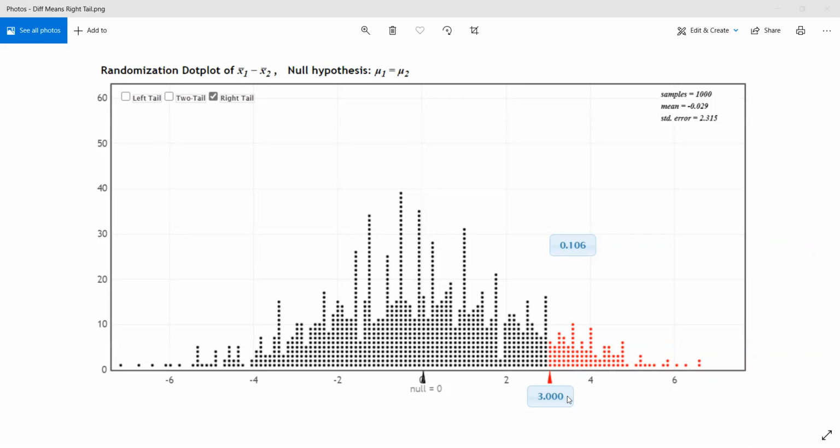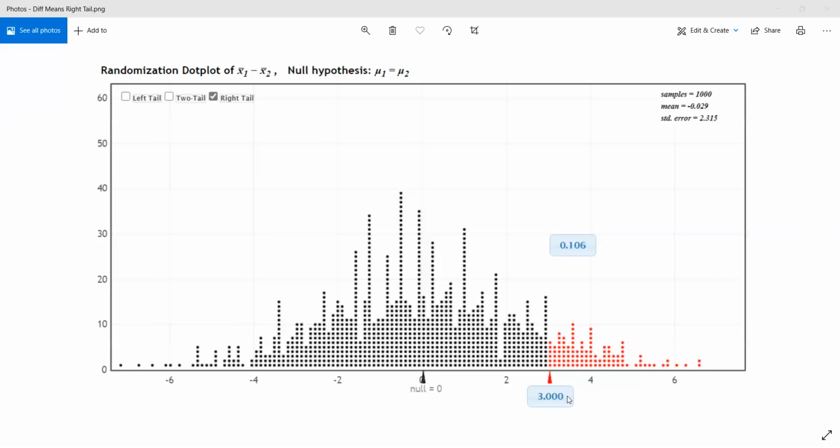U1 minus U2 is greater than what value? I'm just asking for the alternative hypothesis. U1 minus U2 is greater than what number? Only one choice.